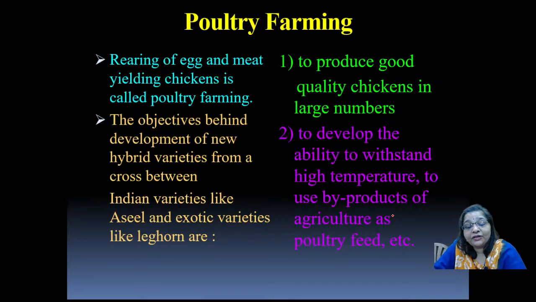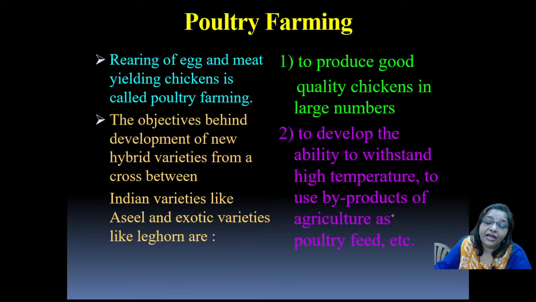Another very important objective is to develop the ability to withstand high temperature, and to use the byproducts of agriculture as poultry feed. So agricultural waste and byproducts can be utilized as poultry feed, and it actually comes under the waste management procedures also.